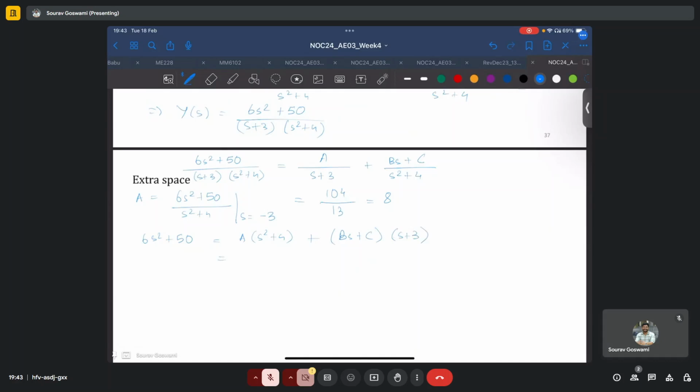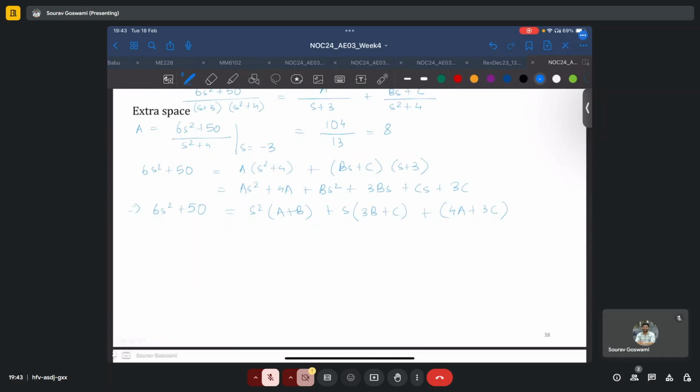This will become As square plus 4A plus Bs square plus 3Bs plus Cs plus 3C, or 6s square plus 50 equals s square times A plus B plus s times 3B plus C plus 4A plus 3C.